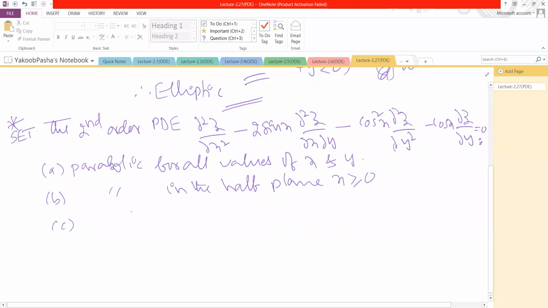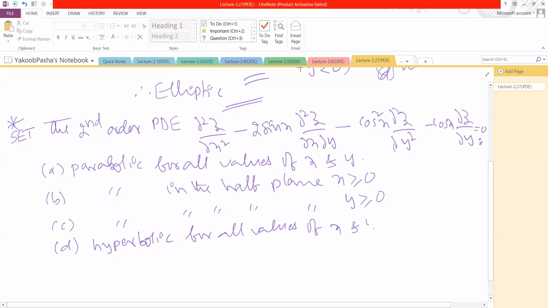And option C, parabolic in the half plane y greater than or equal to 0. And option D, hyperbolic for all values of x and y. These are the four options we have.